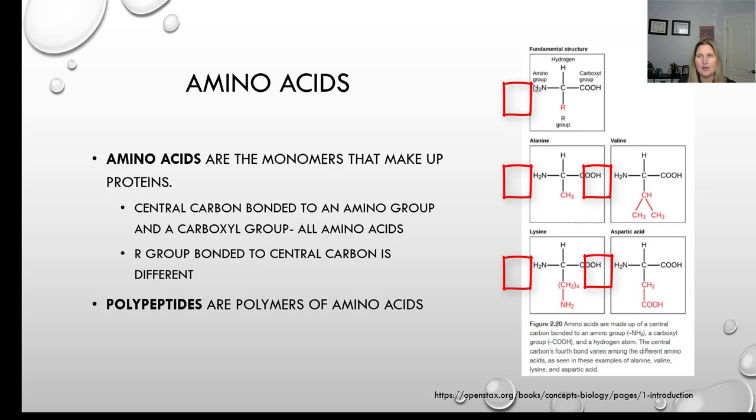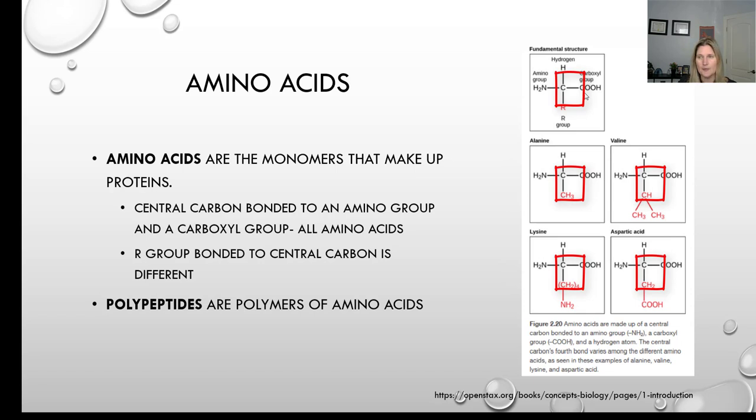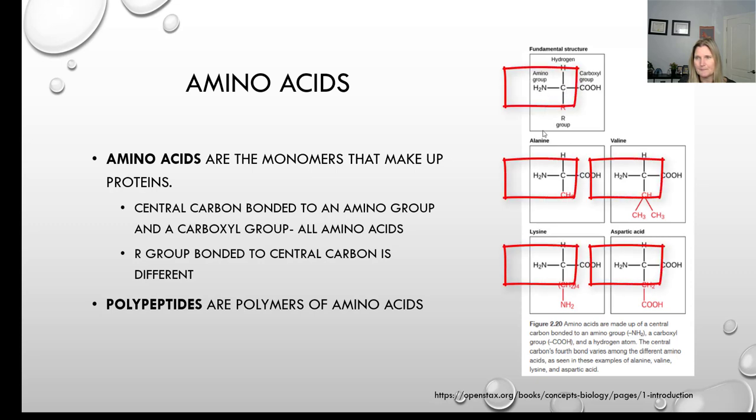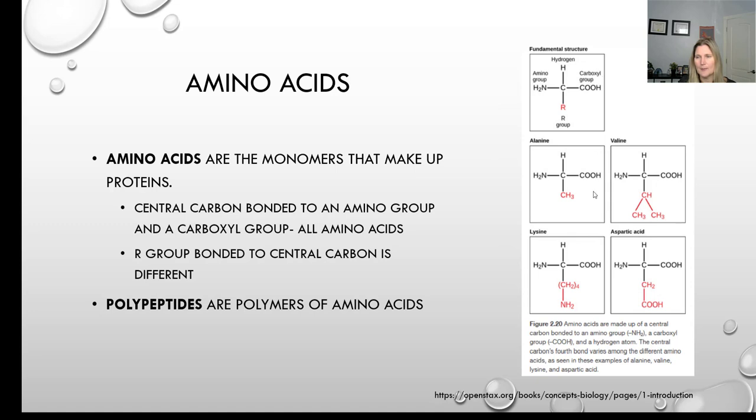Amino is nitrogen with 2 hydrogens, and on the other side a carboxyl group, which is a carbon double bonded to an oxygen, and then the OH group is also bonded to the carbon. So the backbone is the same for all amino acids: a central carbon, an amino group, and a carboxyl group.